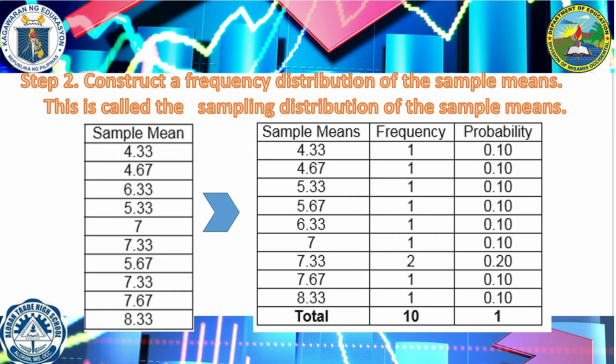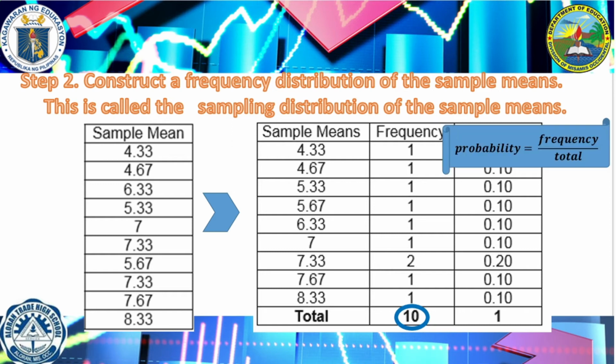After that, we get the sum of the frequencies, and the total is 10. Remember, 10 is the answer after we use the formula to identify the number of random samples of size 3. Next is how do we solve for the probability? We use the formula probability is equal to frequency divided by total.